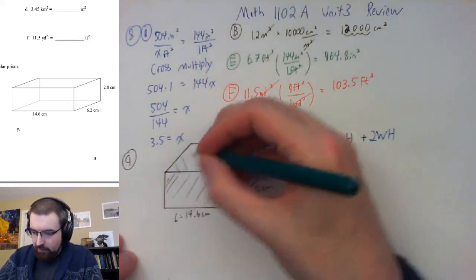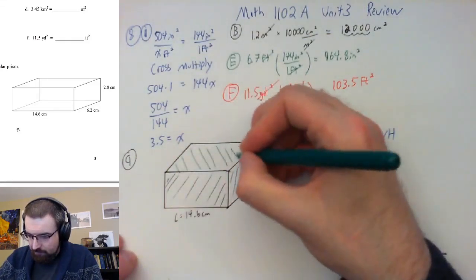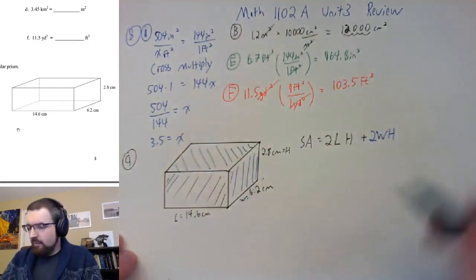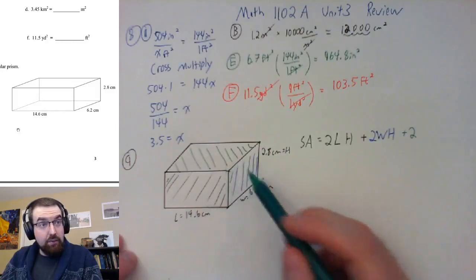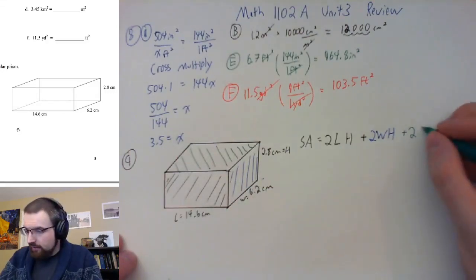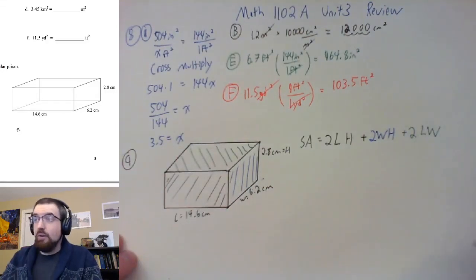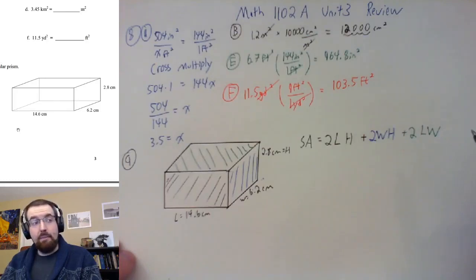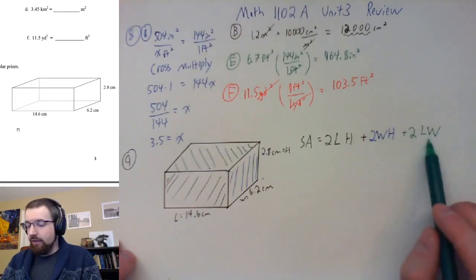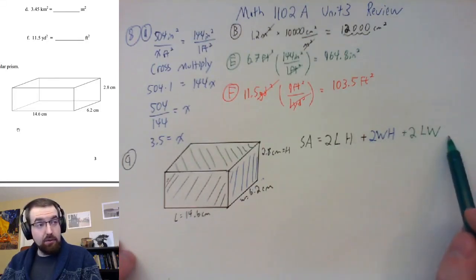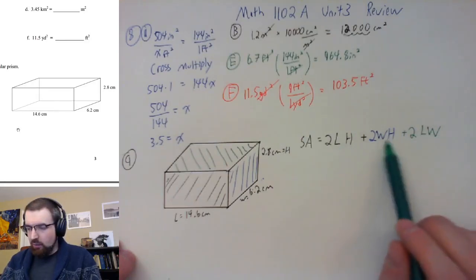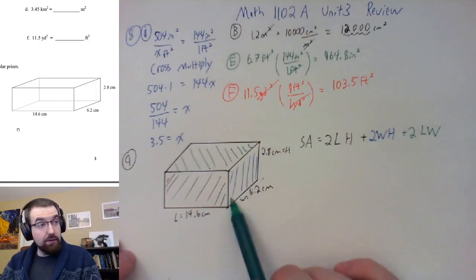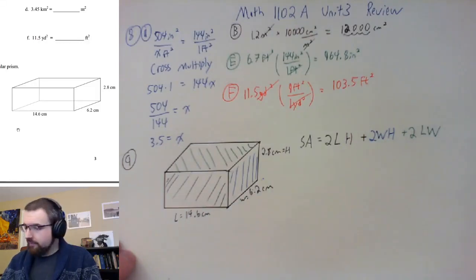And then we're going to have the top one, so there's going to be two because there's the top and the bottom. And these ones are length times width. What's really important here is to make sure that you have all the three combinations that are possible, because you only use two at a time: length, height; length, width; and width, height.